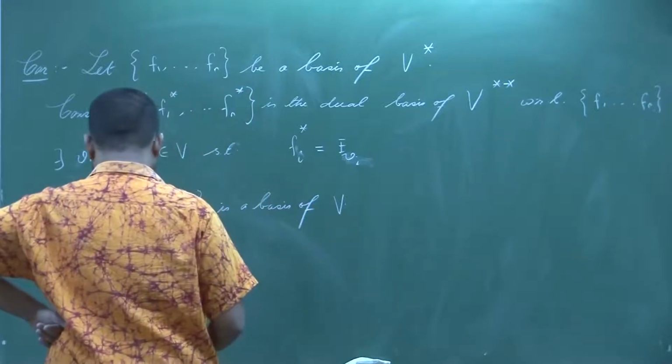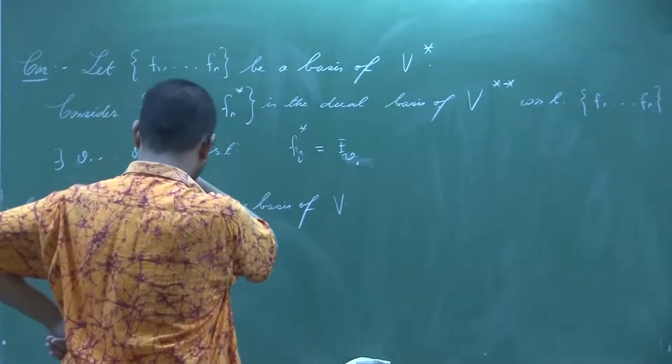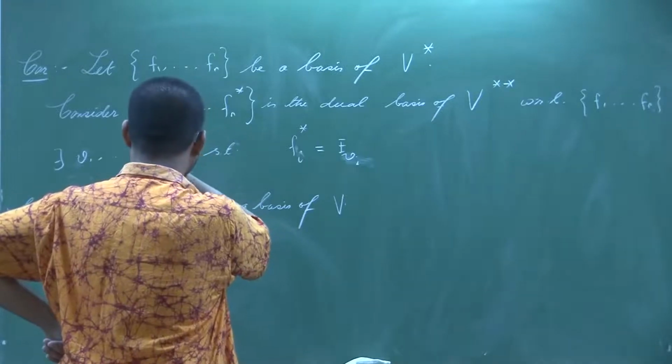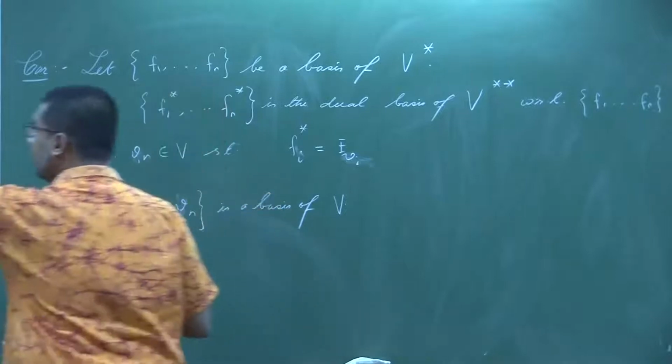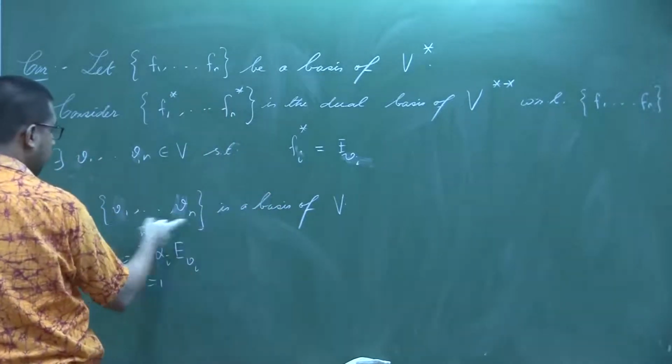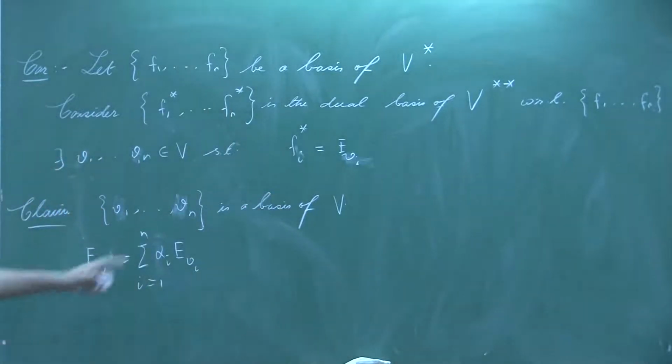and therefore, okay, it is enough to show that it is independent because V has dimension n. If we show that this is linearly independent, then it will be proved as a basis.